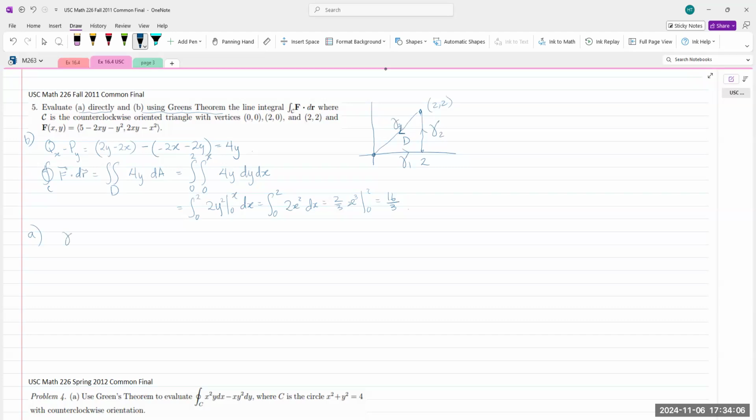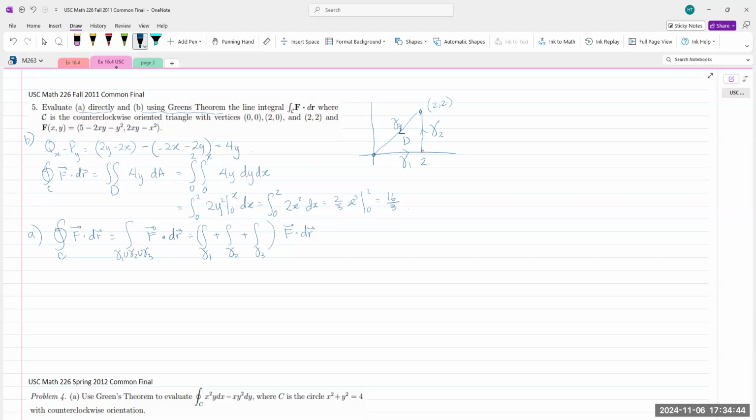Let's clarify first: the closed curve integral over C of F dot dr equals the integral over gamma 1 union gamma 2 union gamma 3 of F dot dr, which is basically the integral over gamma 1 plus the integral over gamma 2 plus the integral over gamma 3 of F dot dr.